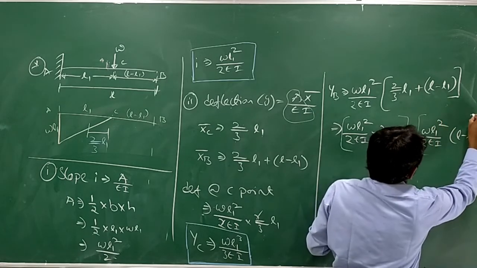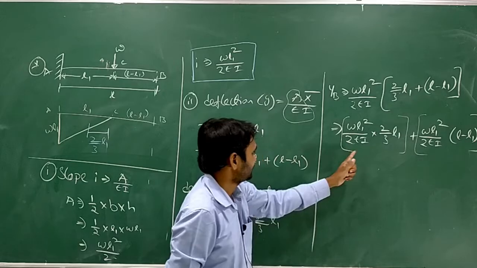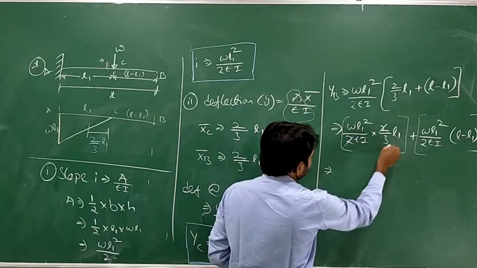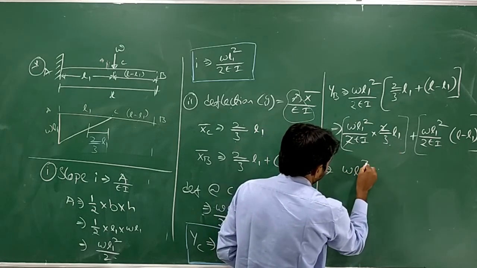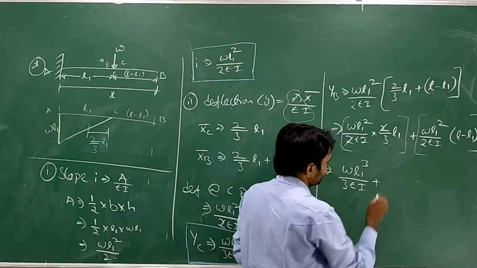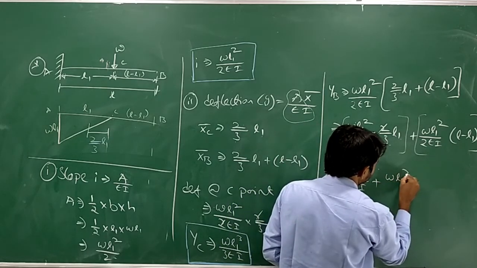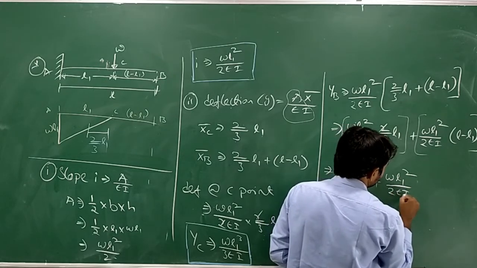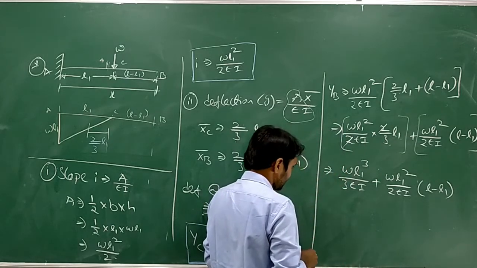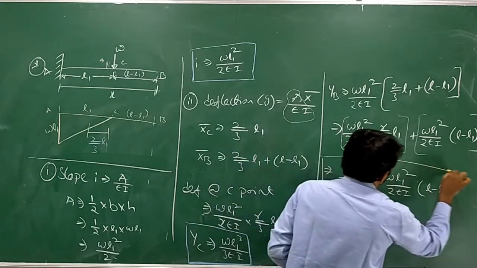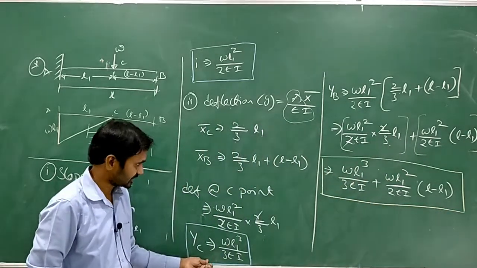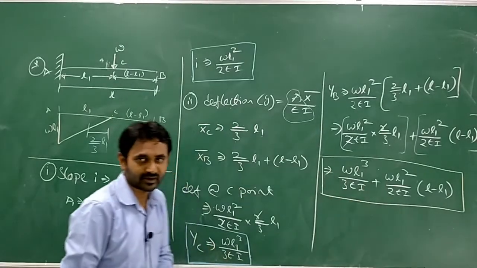So this is my second term. Now let us solve this. Again the 2 gets cancelled, so WL1 cube by 3EI plus WL1 square by 2EI into L minus L1. So this is your YB, sorry.